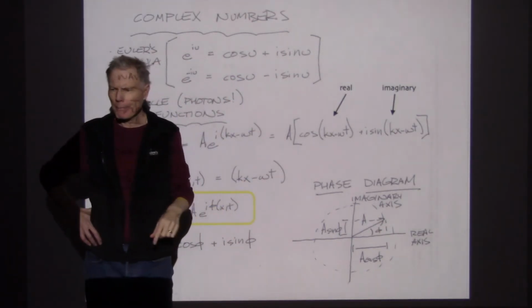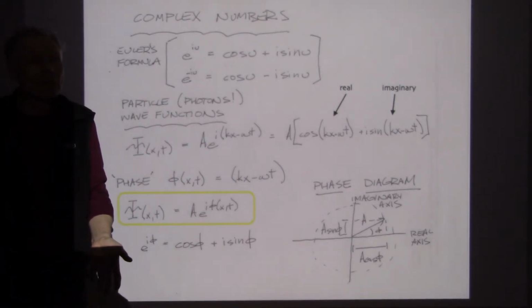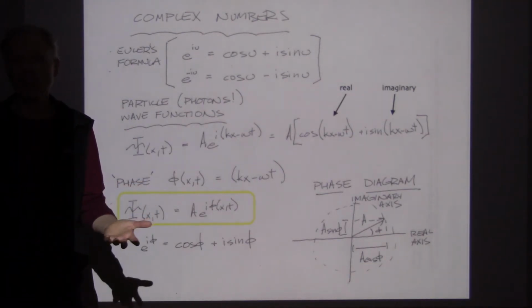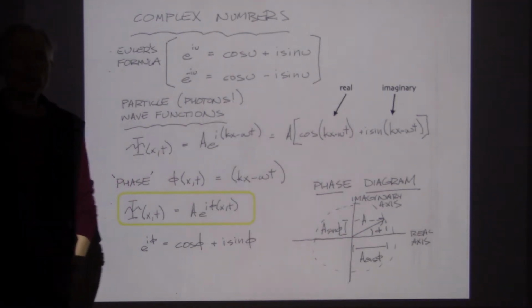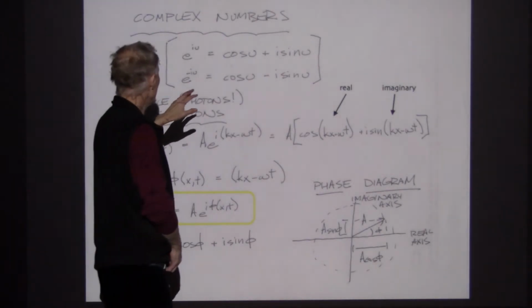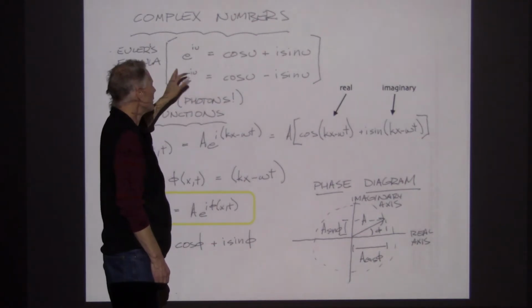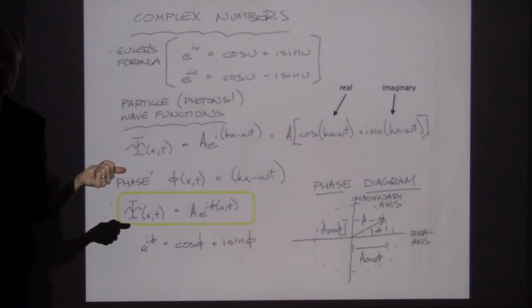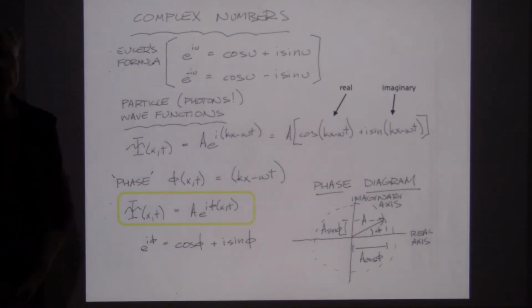Now that seems remarkable, but when you study complex numbers, which I'm guessing you've all looked at to a certain extent, hopefully in your differential equations class, in more detail, these sorts of formulas are familiar. But in any case, it's not essential right now that you become expert at these complex numbers, but start to get used to the idea that that is what we're going to be using to represent this.